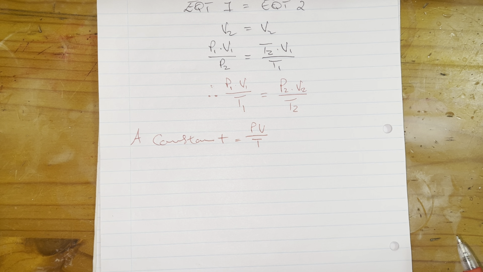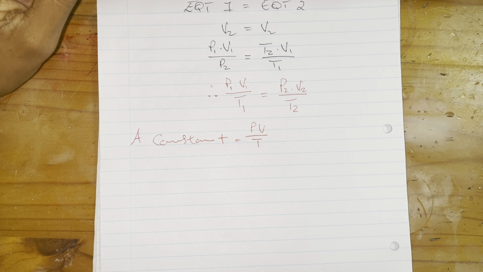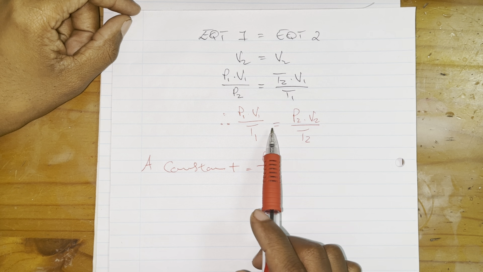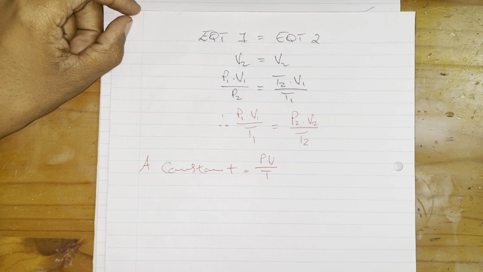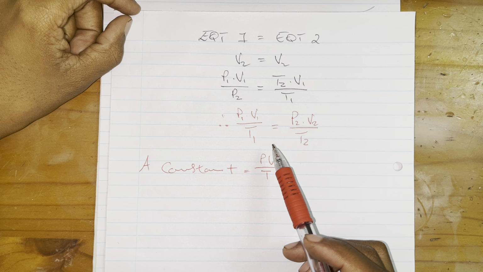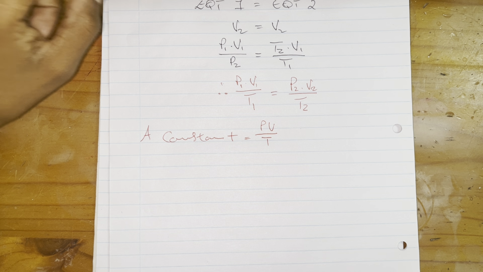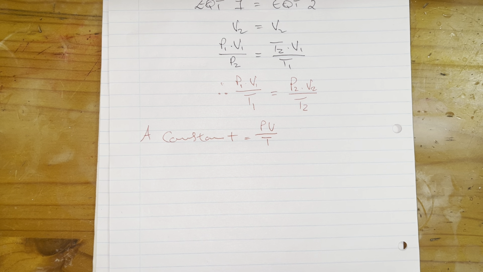Okay, why do I say type of constant? Because there are also a bunch of other constants out there. However, if we can mathematically manipulate this formula into this form, essentially speaking, we can now refer to that structure as a type of constant, but for a specific gas under specific conditions. Okay, simply meaning if that is the case, then we can refer to this as a characteristic gas constant.